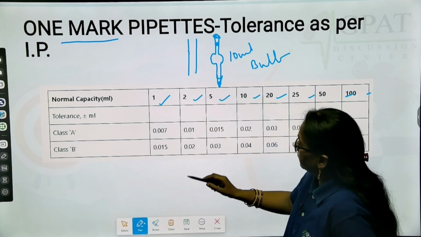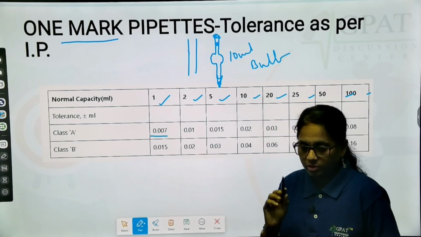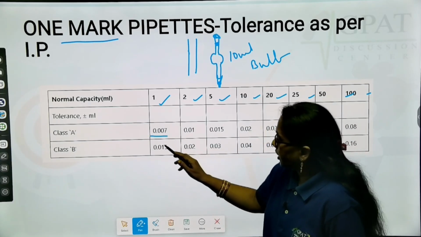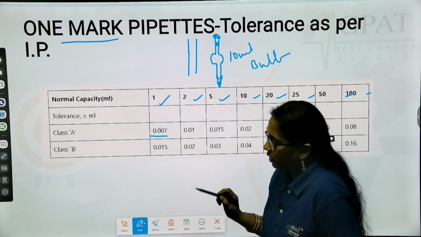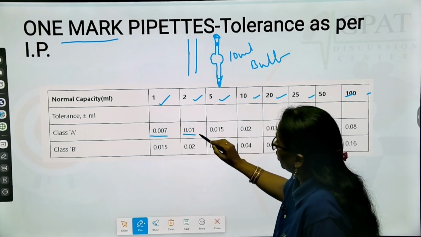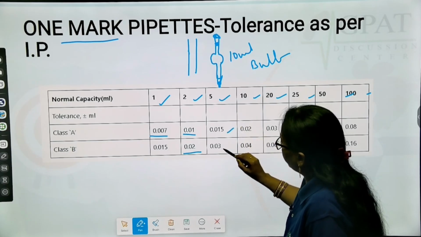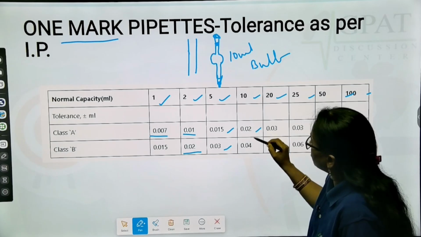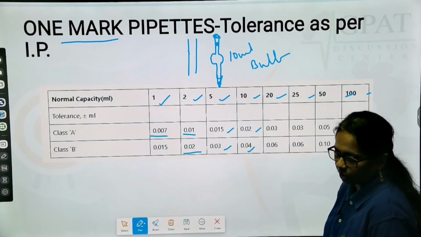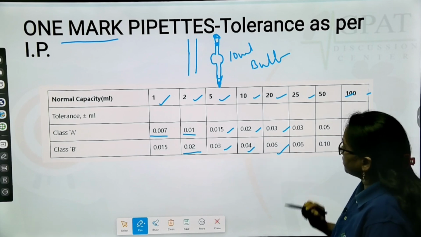For class A it is plus or minus 0.007 ml, and for class B almost double, 0.015. Similarly for 2 ml 0.01, and double for class B. For 5 ml 0.015, and class B is double, 0.03. For 10 ml 0.02, and class B is 0.04. For 20 ml 0.03, and class B is 0.06.